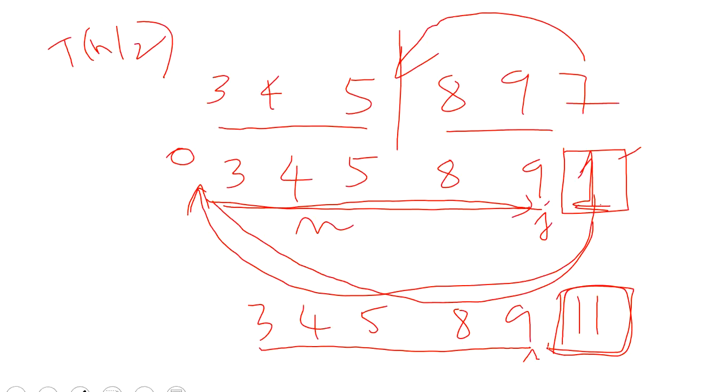In this case, it takes a lot of time to make the partition. So if we select a poor pivot element, then in the worst case our time complexity becomes order of n square. But the occurrence of this condition is very rare. It occurs only if we choose a number smaller than the smallest element or larger than the largest element as our pivot element. Hope you are getting it.